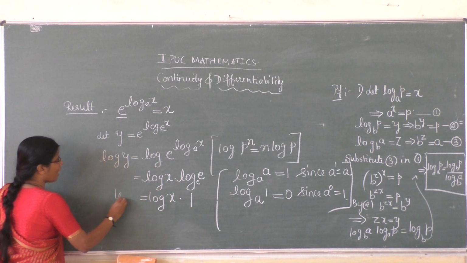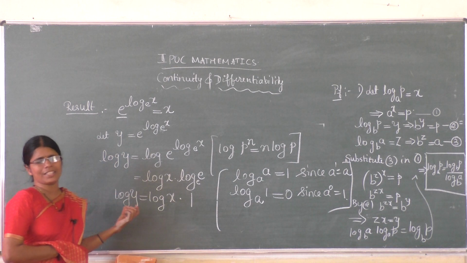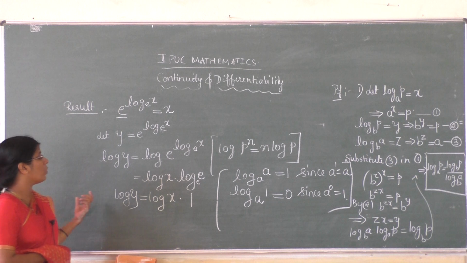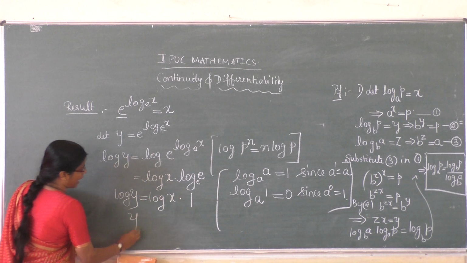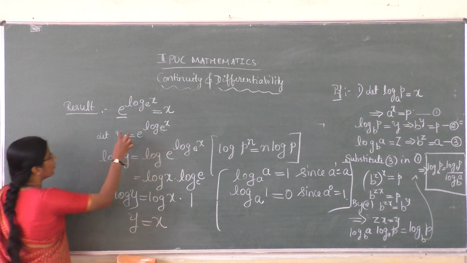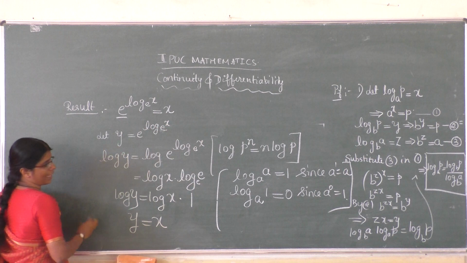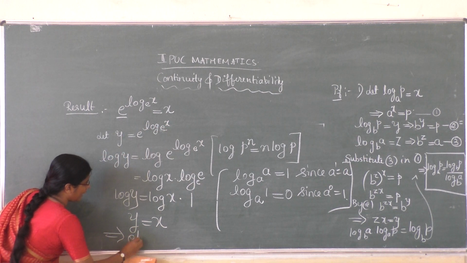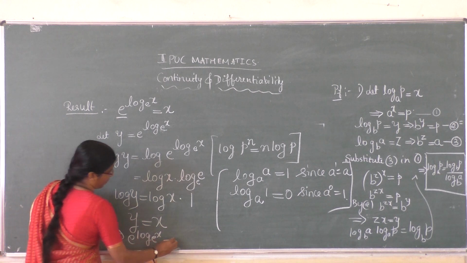So log y equals log x. In physics or chemistry, you know about anti-logarithms. So taking anti-log on both sides, y equals x. But what is y? That is e to the power log x. That implies e to the power log x to the base e is equal to x.